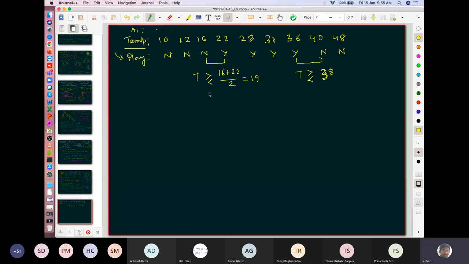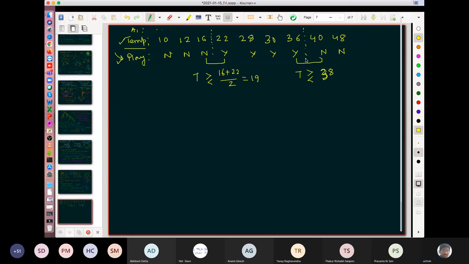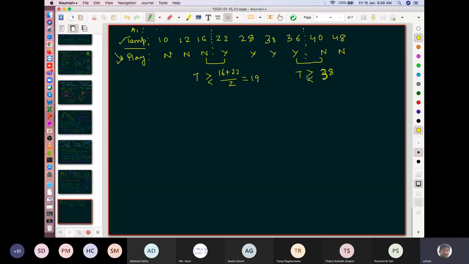Now I will try to see my information gain with respect to only temperature and this outcome if I split here or if I split here. Whichever has the better information gain, I will select that particular temperature to be my attribute. So there are two candidates.